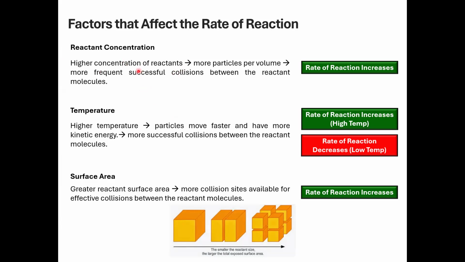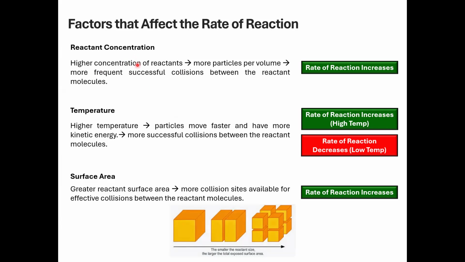The same way, we want it to happen quickly, but without using too much reactant, operating at higher temperatures, or implementing manufacturing steps that are too expensive just to increase the rate of reaction. So it's all about a balance.